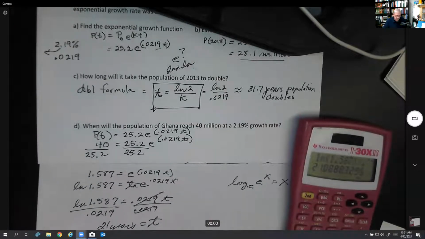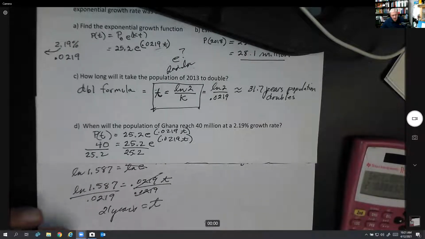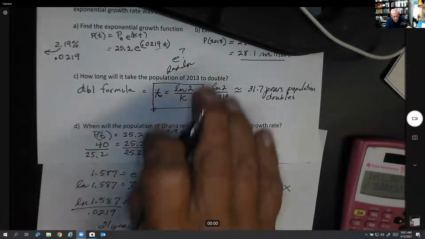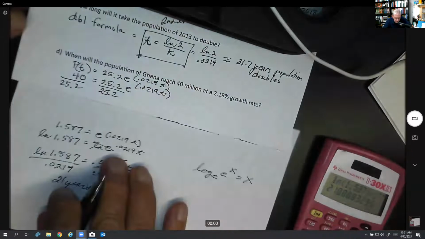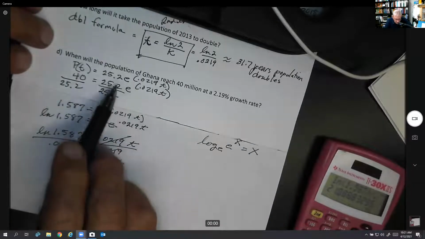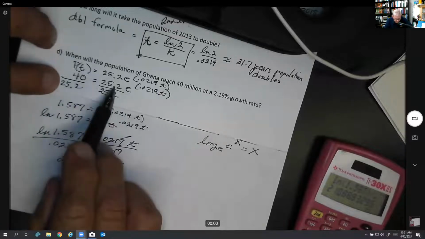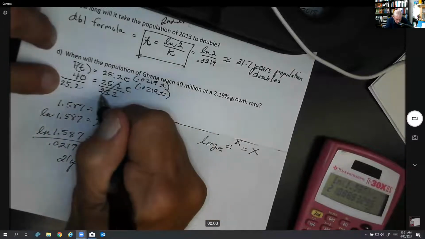Now these answers are approximate, and it's depending if this growth rate stays the same. Growth rate could change. That's how we do D, a little bit more complicated. 40 divided by 25.2, get rid of the 25.2.